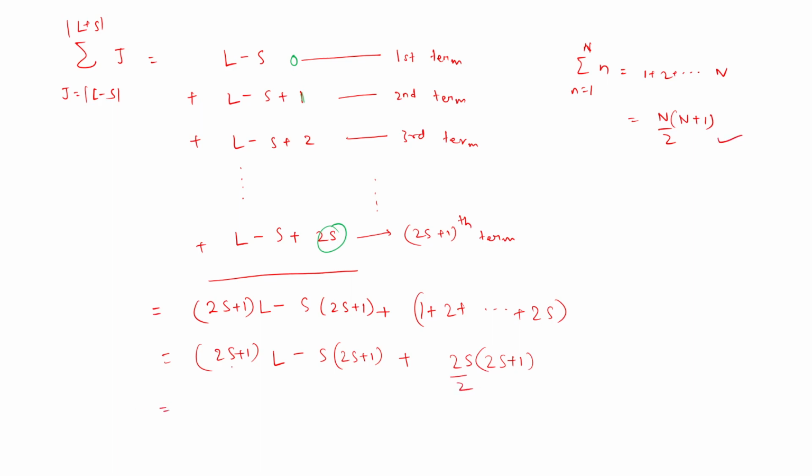So what we have to do now, we can take the 2s plus 1 common. So it is l minus s and plus s. So what we have is l times 2s plus 1.